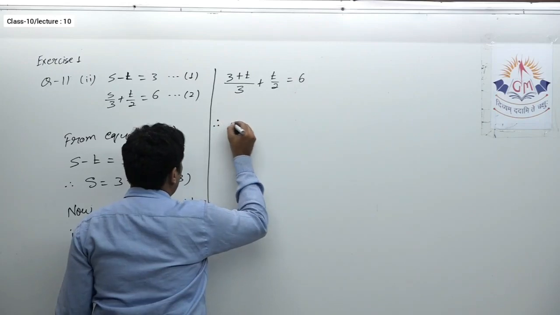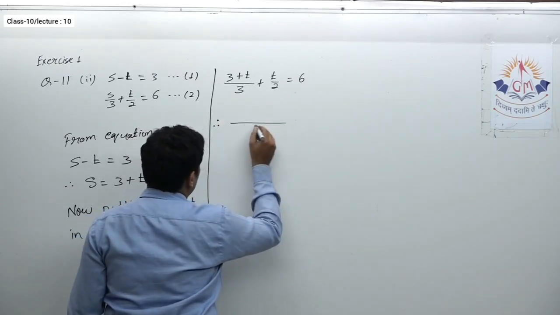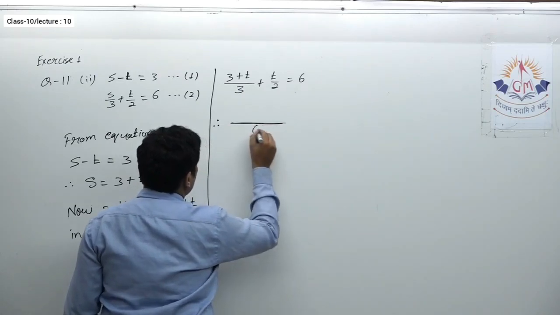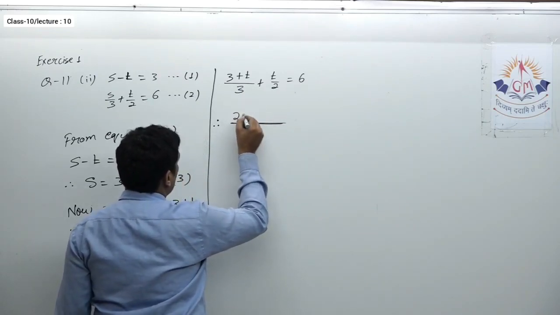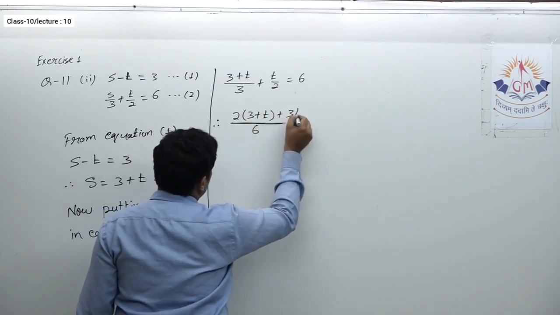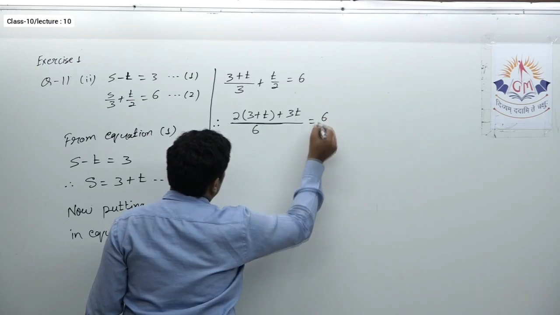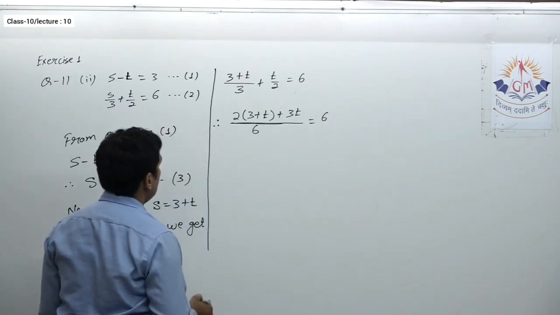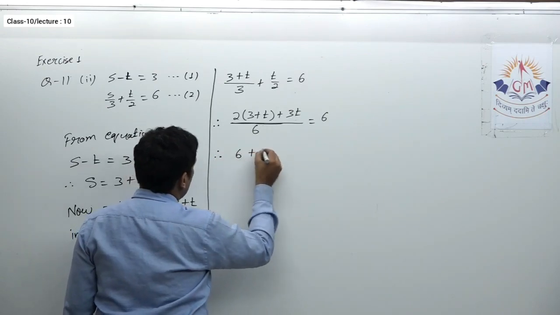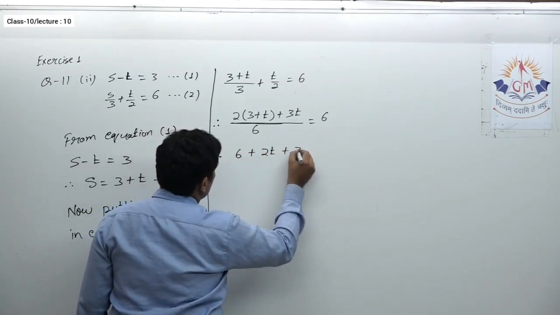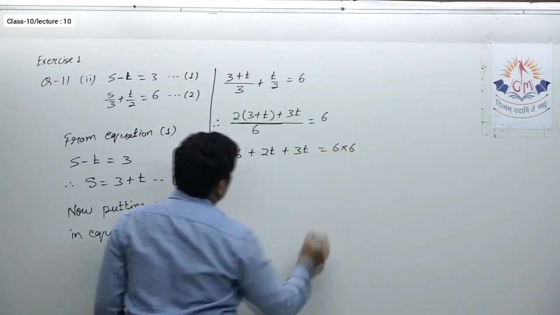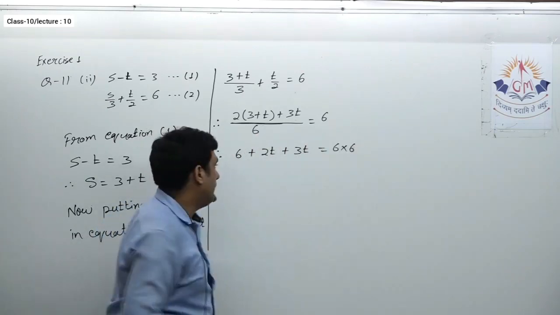So here I have to take the LCM, so that the denominators are the same. For that, here it will be 6. So 2 multiplied by 3 plus t plus 3t is equal to 6. So here I will get 6 plus 2t plus 3t is equal to 6 multiplied by 6. I took this 6 on that side.